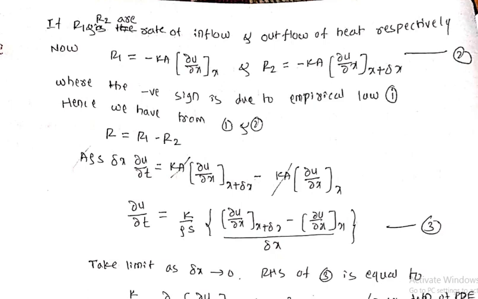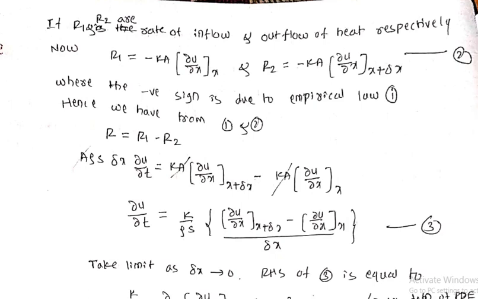From equations 1 and 2, we express R1 and R2, the inflow and outflow of heat, as R equals R1 minus R2. You know that R is A rho S delta x dou U by dou t, which equals R1 minus R2.